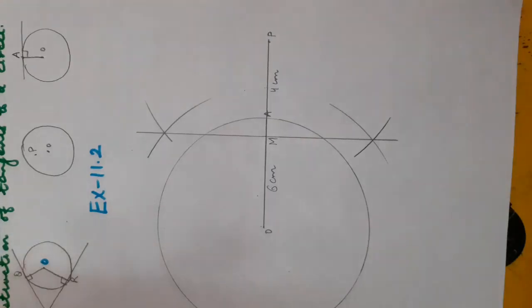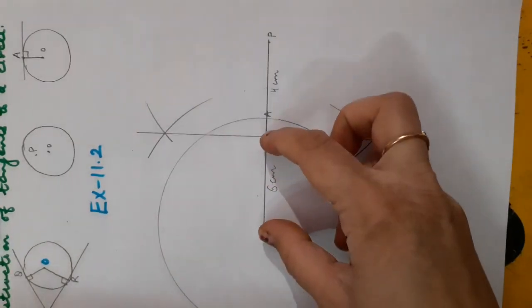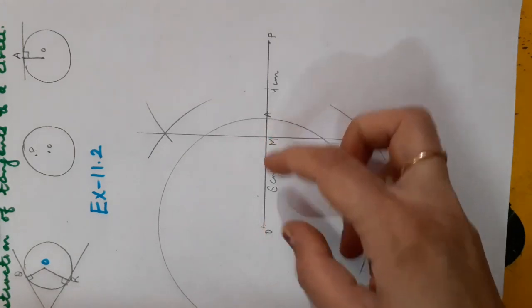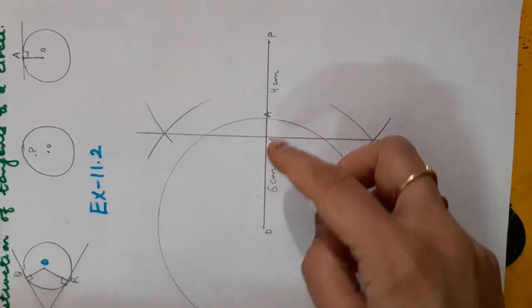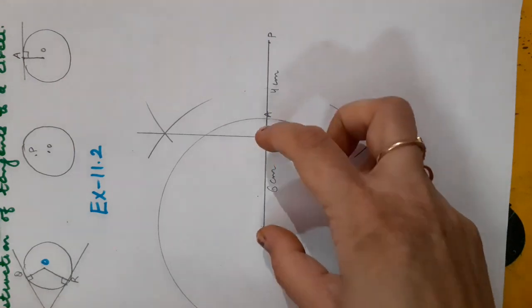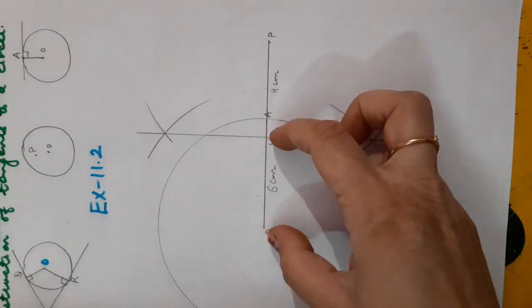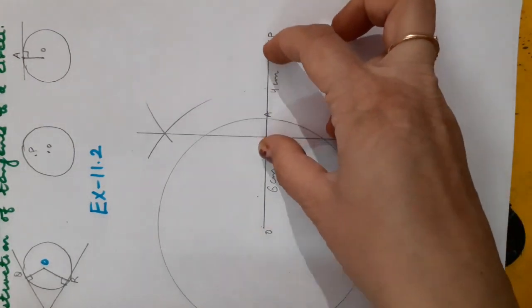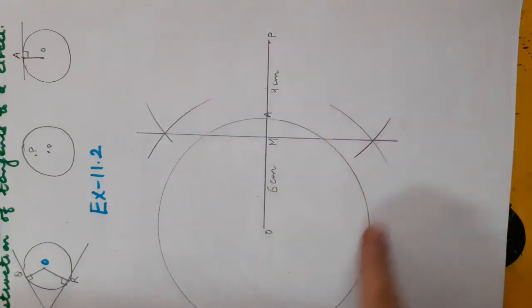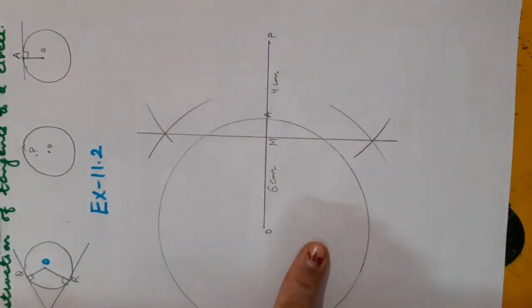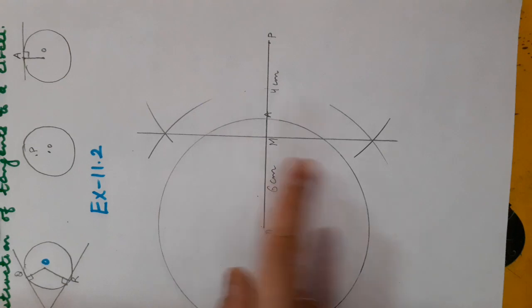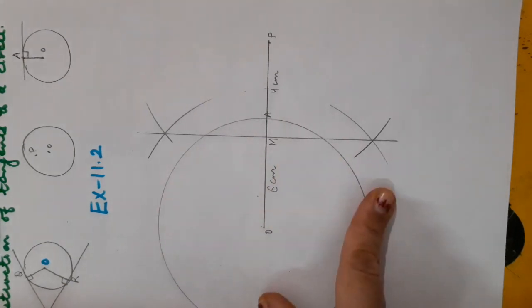Now children, what would be the next step? While measuring this length, that is OM, or taking M as a center, and while measuring the length equal to OM, or even you can take MP also, we are just going to draw one dotted circle over here. Fine. Which would cut the given circle at 2 points.